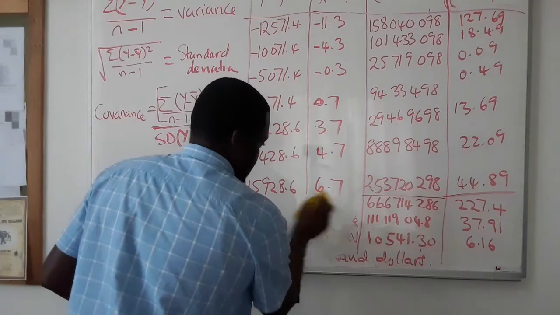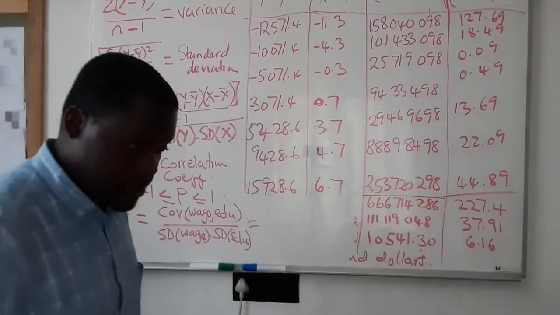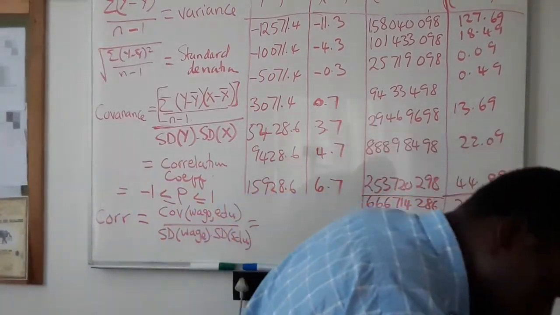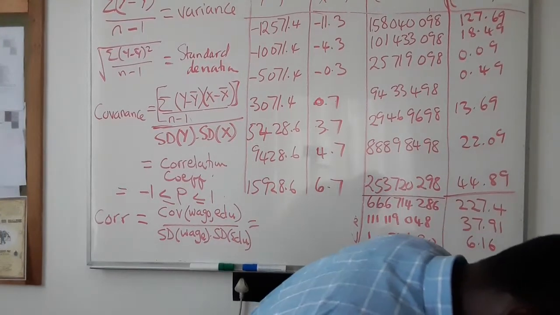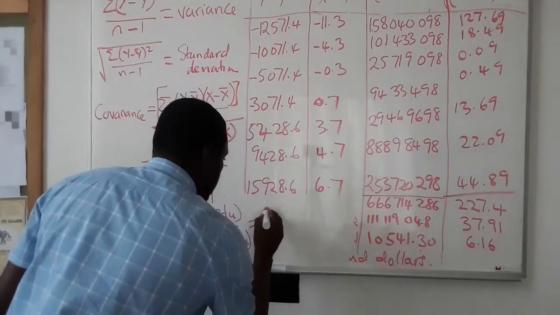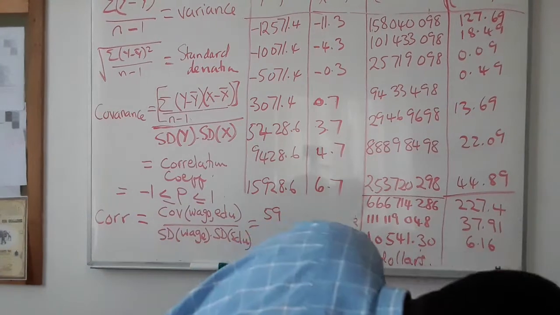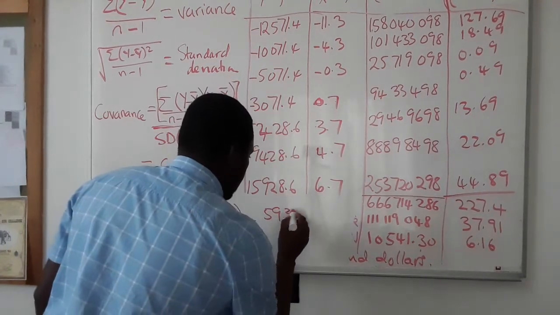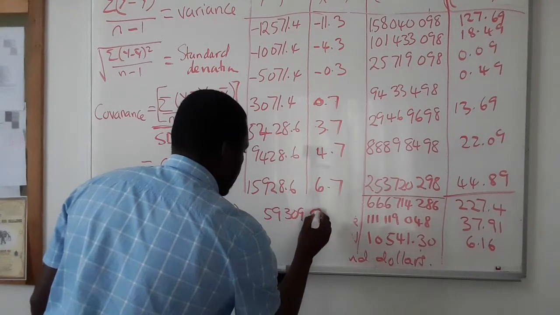We calculated our covariance the other time, I think it was 59,309.52.